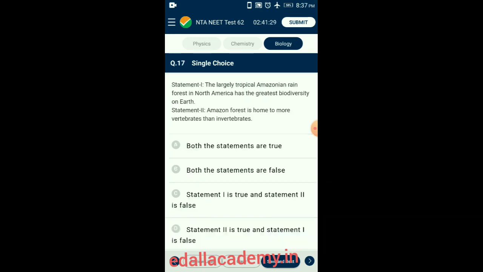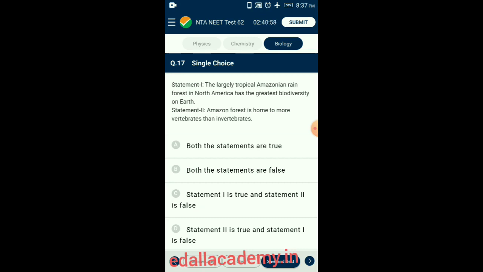Question number 17. Statement 1: The largely tropical Amazonian rainforest in North America has the greatest biodiversity on earth. Statement 2: Amazon forest is home to more vertebrates than invertebrates. The largely tropical Amazonian rainforest in South America has the greatest biodiversity on earth.